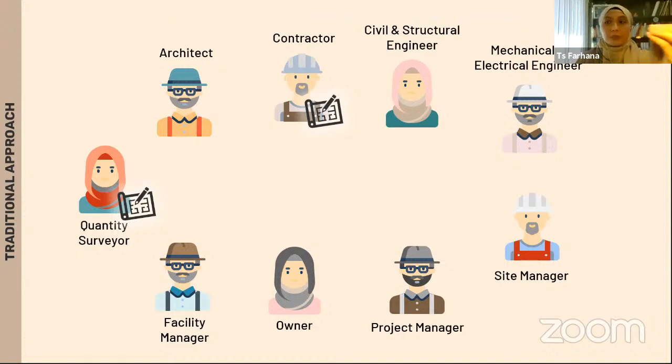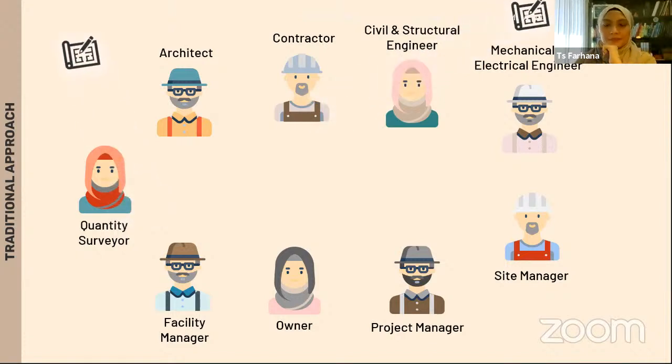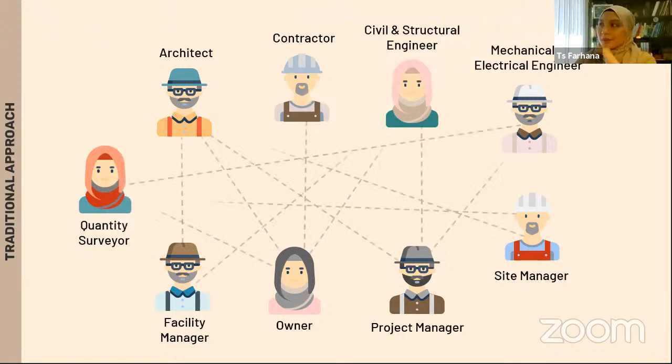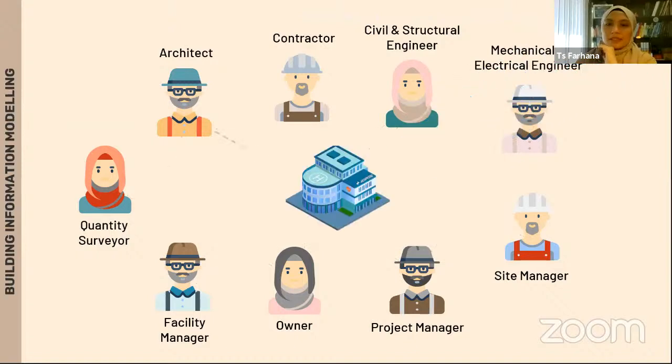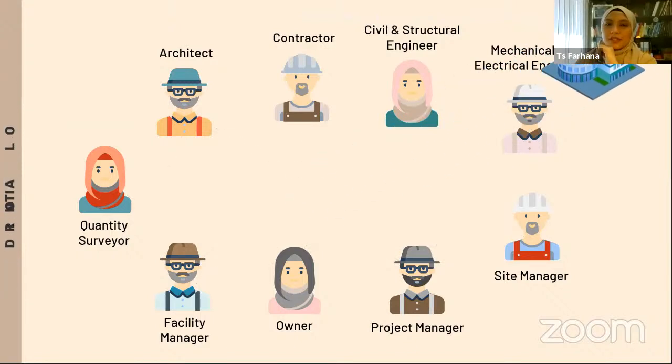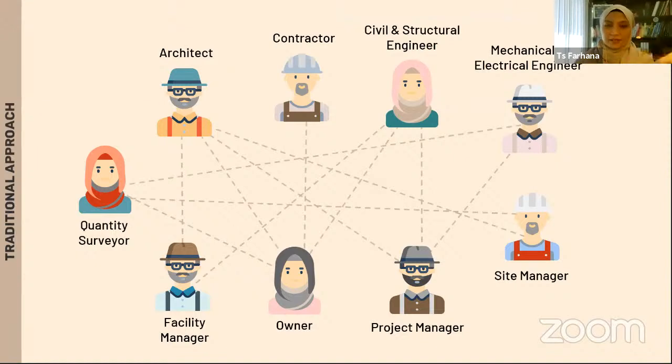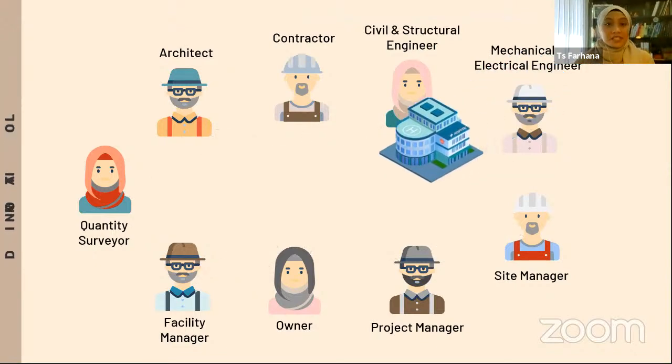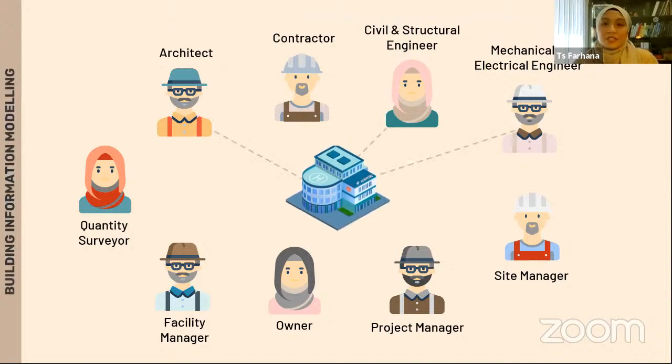The QS will count manually, etc. The drawing moves around, the information moves around. In BIM, building information modeling, they use only one model. The extraction of data is from this one model. The updating of information is to this one model.